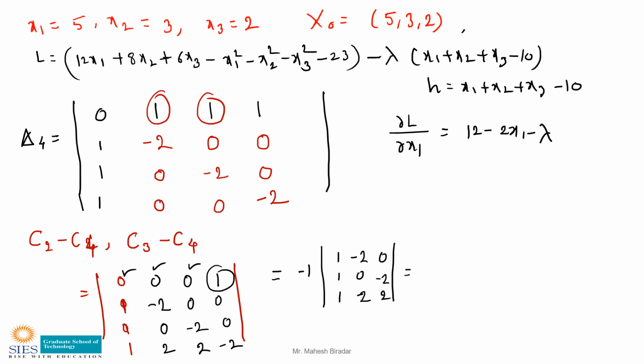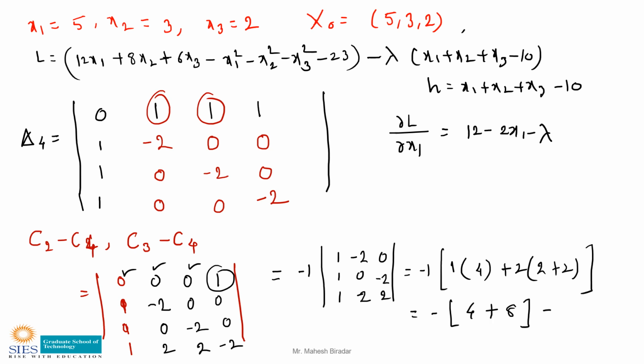If you simplify this, minus 1 into (1 times (0 plus 4) minus minus 2 times (2 plus 2)), which is minus 1 into (4 plus 8), equal to negative 12. So negative 12 is the value of delta 4.